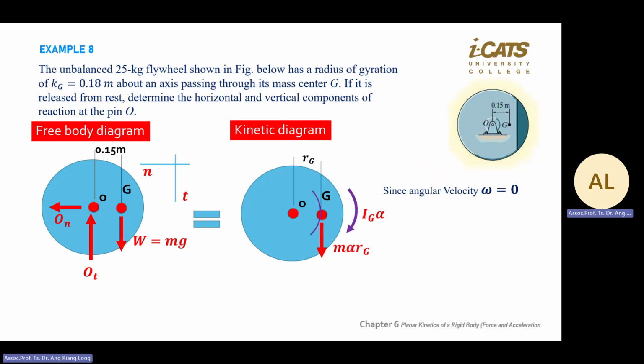Now, angular velocity is 0. Why is angular velocity 0?